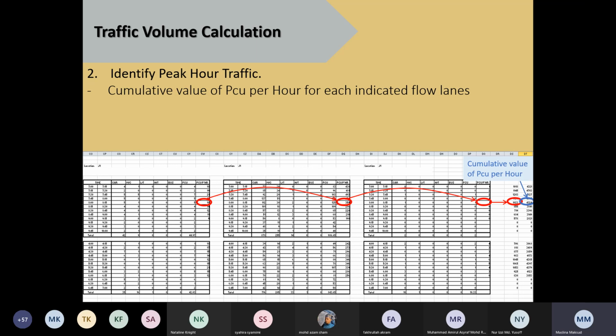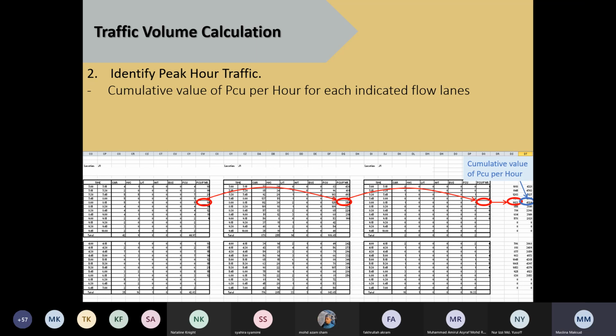From that, we can get the total volume of the PCU per hour for this one junction. And by adding each junction's PCU per hour, we will get the PCU per hour for all junctions.